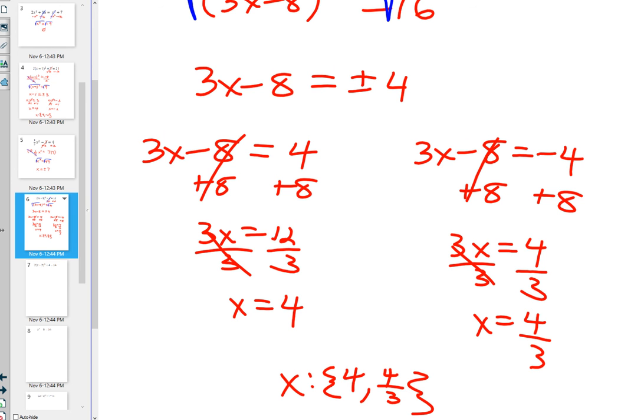Chris, you wrote all that down? Yeah. What do you mean there was still a number with x? I don't understand, what do you mean there was a number where?